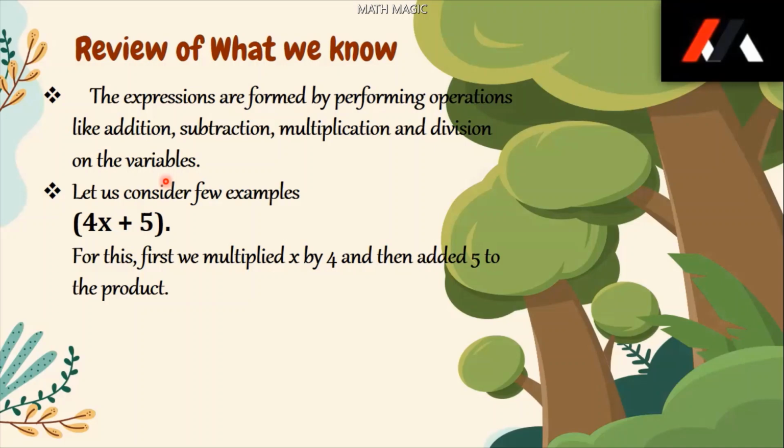That is nothing but 4x, and then we added 5 to the product. The product means 4x. So this is the expression. It is formed by performing the addition operation, that is 4x plus 5.